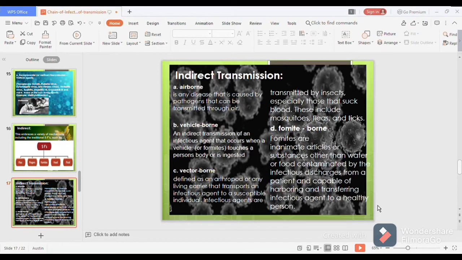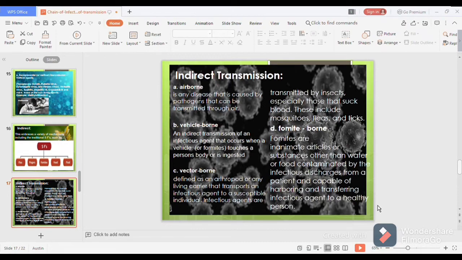So, sa vector-borne, mas dali lang po siya maka-cause of transmission by the insects or the bite of the insects, because it is indirect transmit by the substance that can interact to another substance.